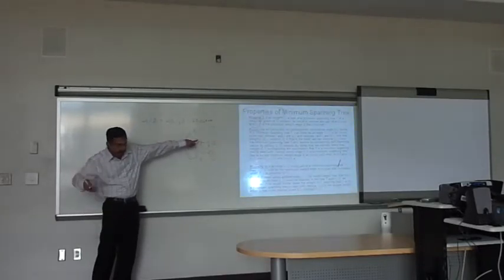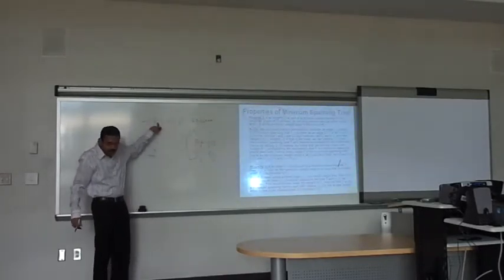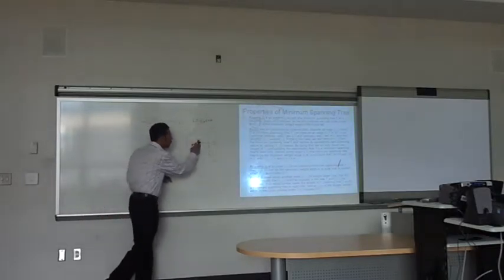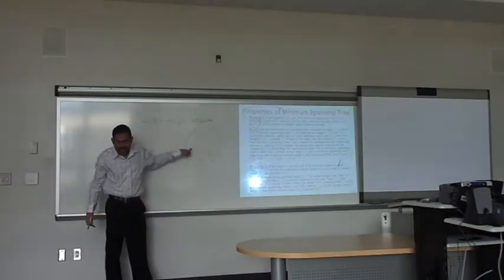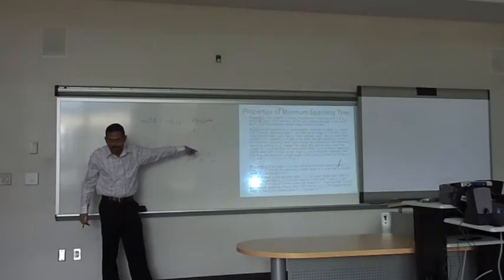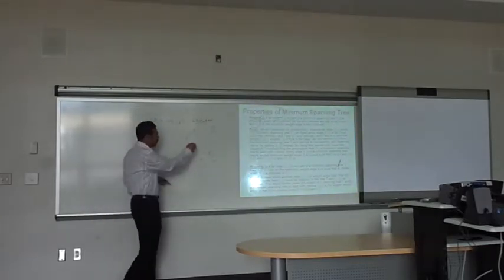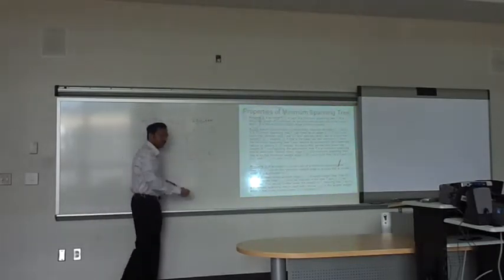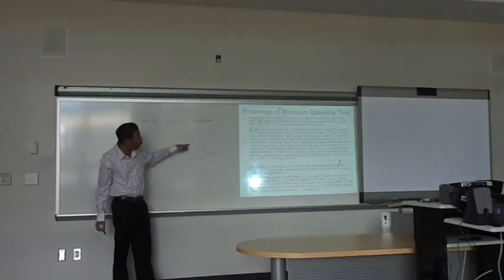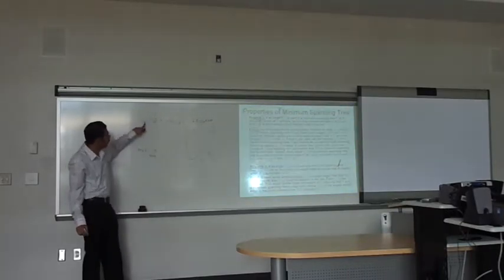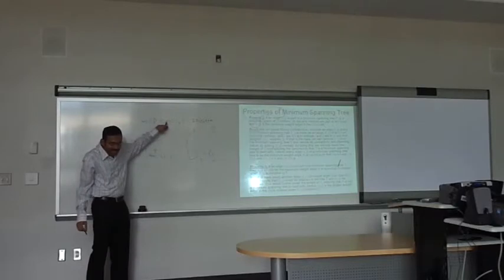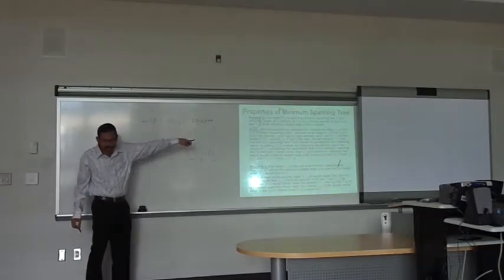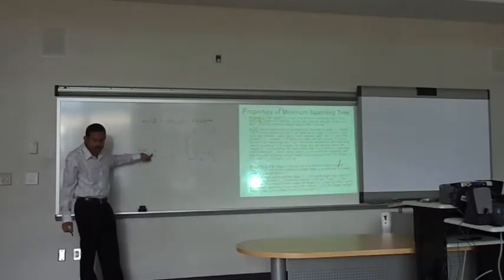So again the same kind of approach. If this is possible, then we could as well remove this from the minimum spanning tree and have this as part of our minimum spanning tree. Right? Because this will still connect all the vertices here and all the vertices here. So since the weight of i prime j prime is strictly less than the weight of i comma j, you can further reduce the weight of the tree T, right?